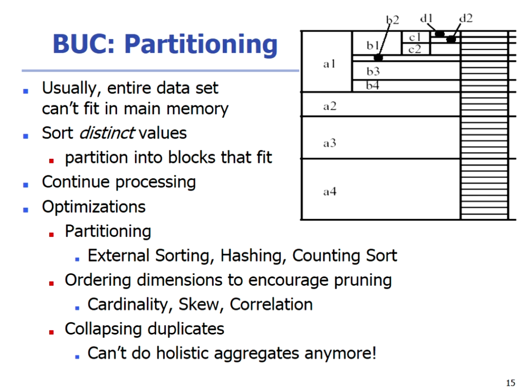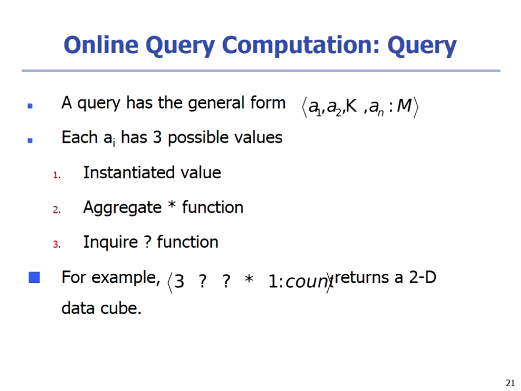Okay, so in this session we will continue with online query computation. So the query has the general form A1, A2, A3, ..., AN, M. So what is A1, A2, ..., AN? What does this part represent?